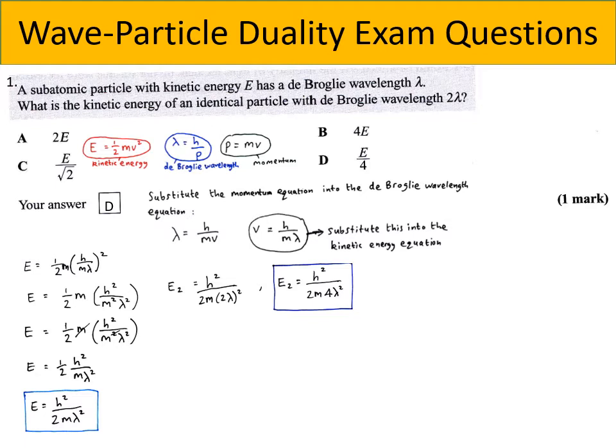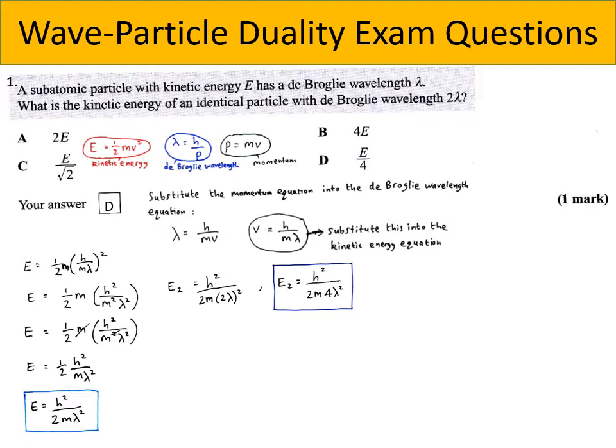So let's call this new energy that we're trying to work out E2. So E2 is equal to h squared divided by 2m multiplied by (2 lambda) all squared. So E2 is equal to h squared divided by 2m multiplied by 4 lambda squared.